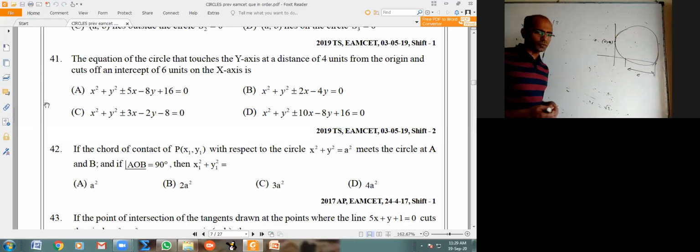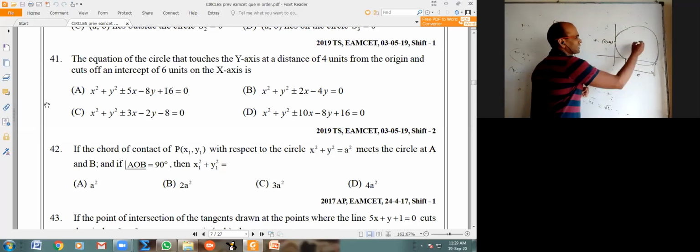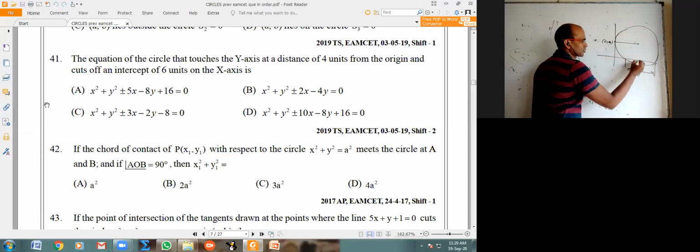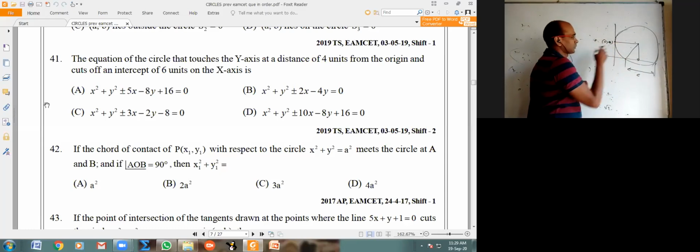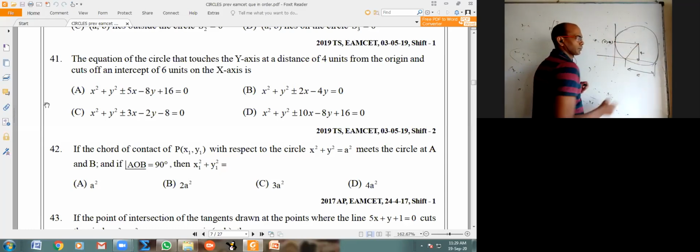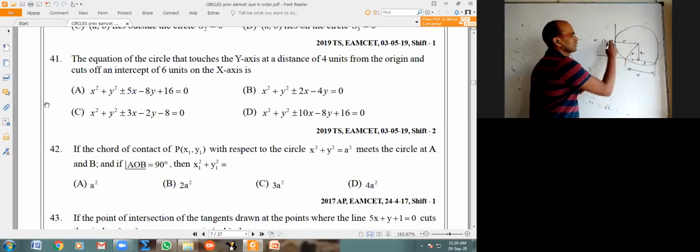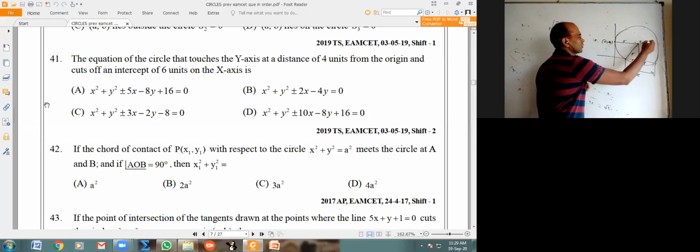I'll also try to do it by formulas. If you take the center, it should be straight in this line and it should pass through this midpoint here. Right? Now, this height is 4, so this is 4. And this total is 6, so this is 3, this is 3, so this is 5 now. If this is 5, this is also 5. This is 5, this is 4, so the center is 5, 4.